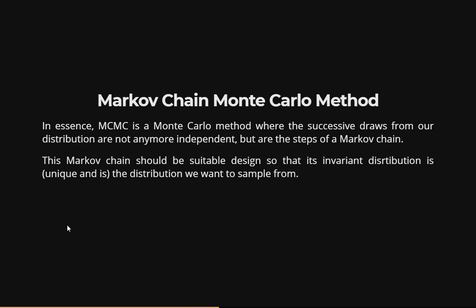What's the whole point of this? The Markov chain should be, otherwise it will be useless, carefully designed so that its invariant distribution is unique, so that it tends to the invariant distribution. This invariant distribution is unique and is the distribution that we want to sample from.